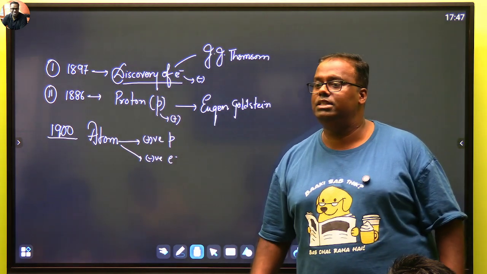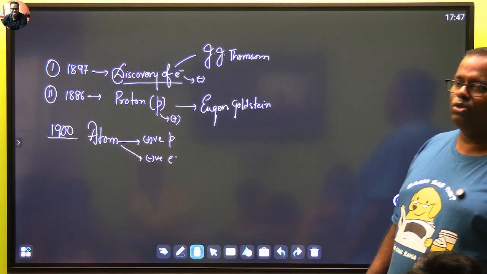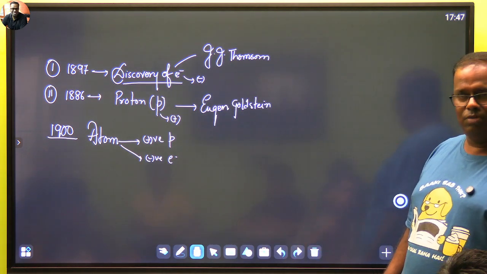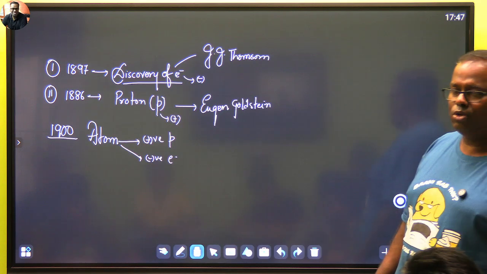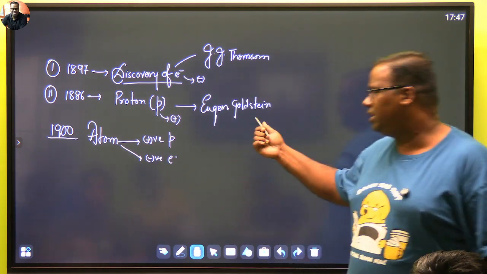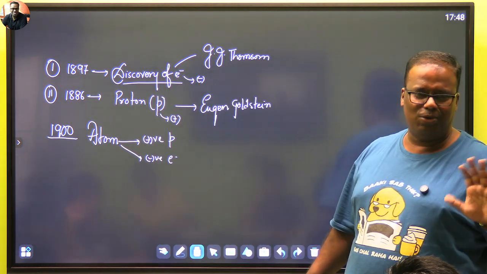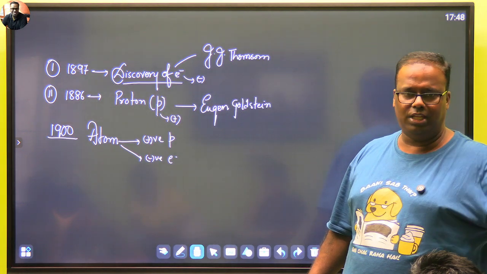We are at 1900 now. At 1900, the atom is thought to comprise only protons and electrons. Protons are positively charged particles. Electrons are negatively charged particles. The proton's discovery is credited to German scientist Eugen Goldstein. But Goldstein was never interested in protons. He discovered some rays which he documented and kept.